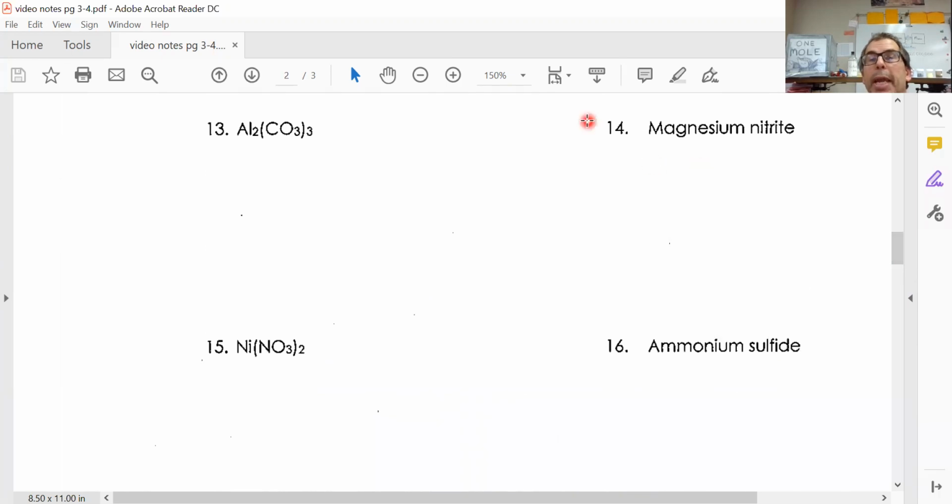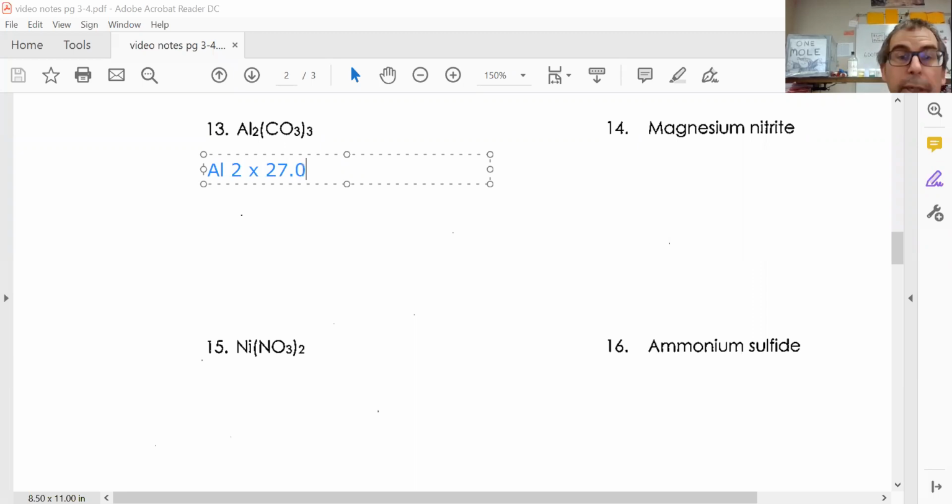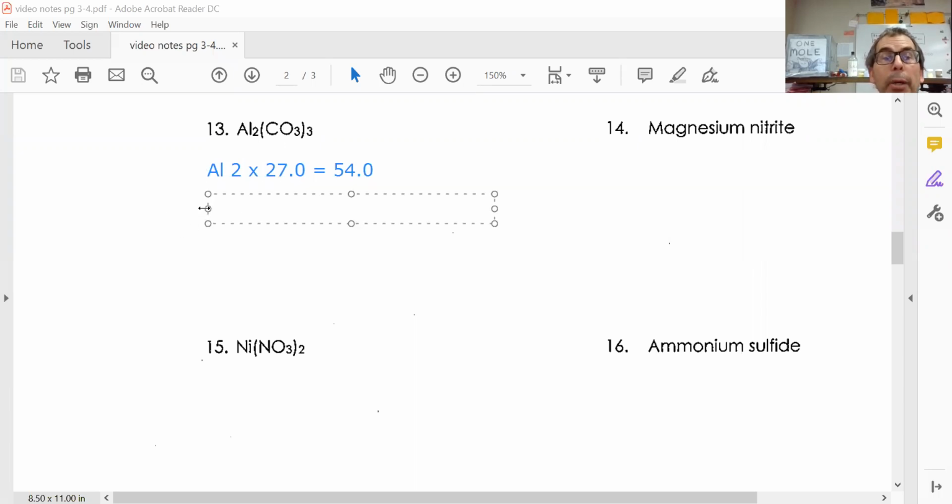This is where you want to be careful. So I'm going to do this right here. I'm going to talk first about aluminum. And I have 2 times, I think we said that was 27.0. So I'm going to say 2 times 27.0, which equals 54.0. The next one I'm going to do is carbon.